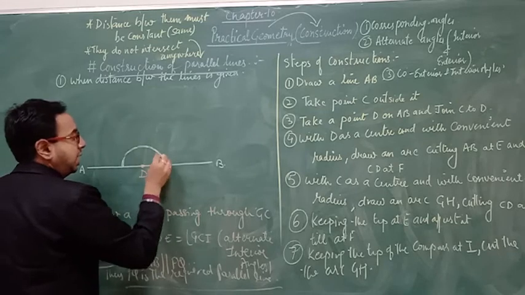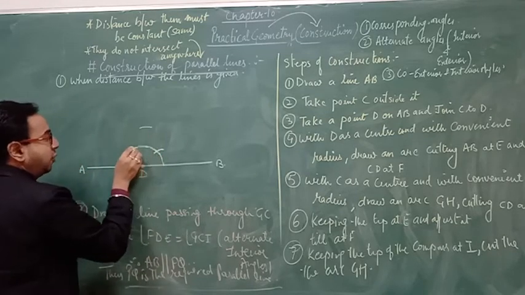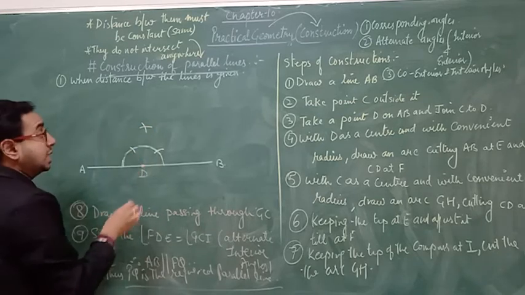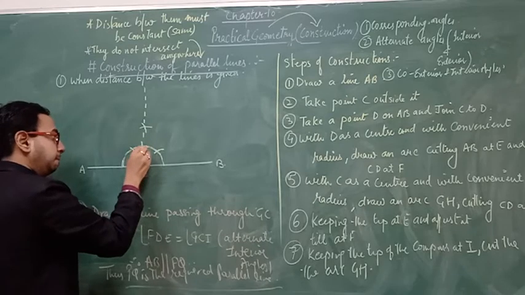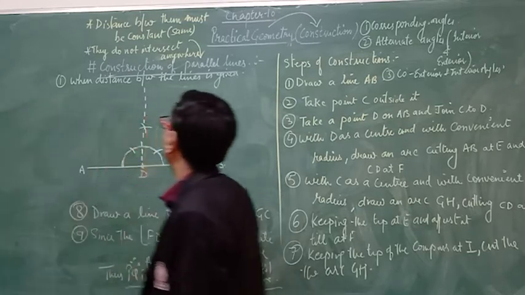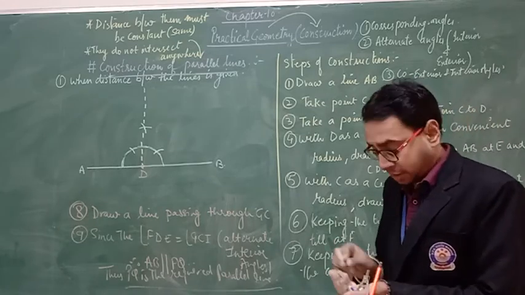Now we put the tip here, cut the arc, and from here we draw another arc, keep it. And hence we get the perpendicular bisector, which makes 90 degrees. Clear? We'll draw the perpendicular here.